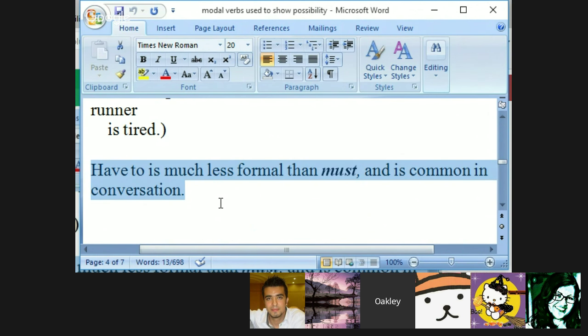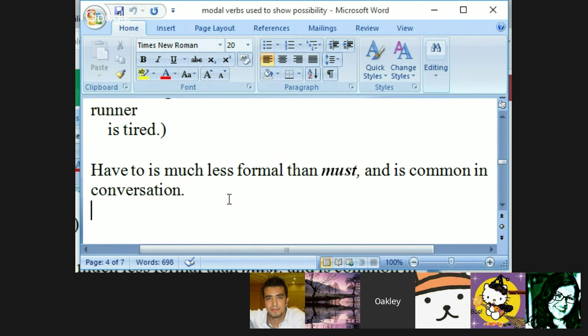May is definitely and obviously for me more formal than might. Must more formal than have to? Not really that much. Maybe a little bit more formal. I hear people using both all the time, and it's really not that big a deal.